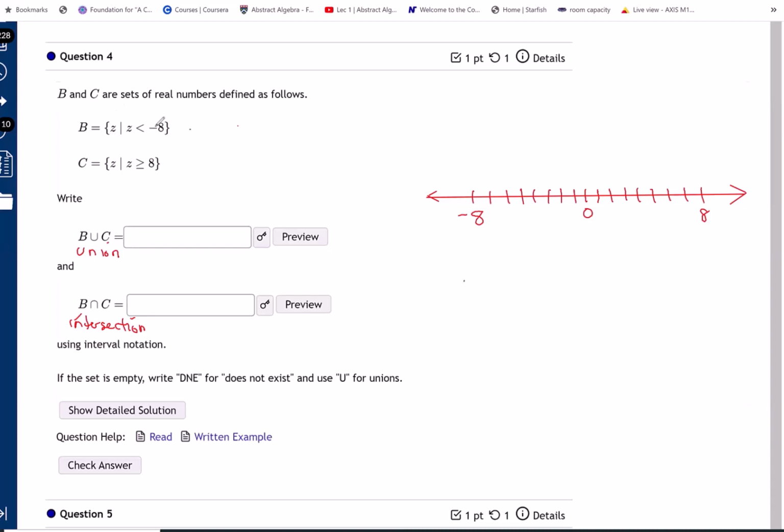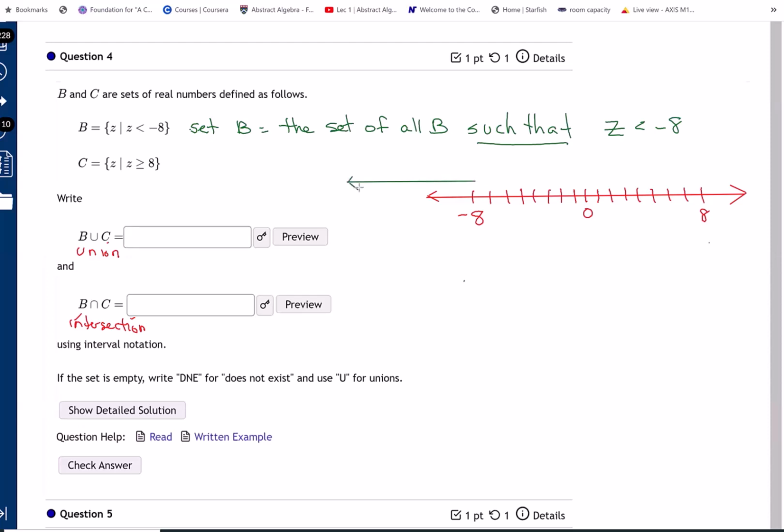If I were to actually just read what this says, set B is equal to the set of all z, such that z is less than -8. Okay, well, if z is less than -8, I'm going to be starting here at -8, and I'm going this way.